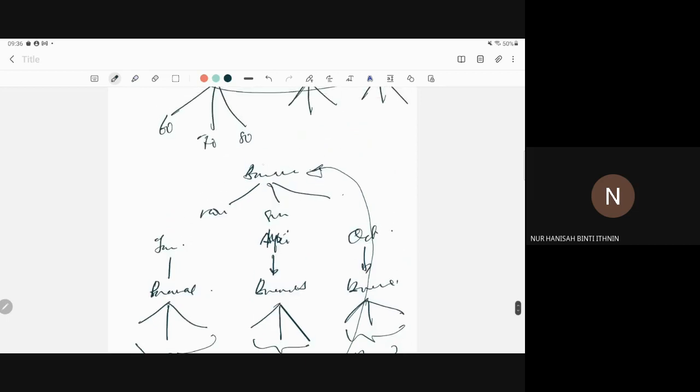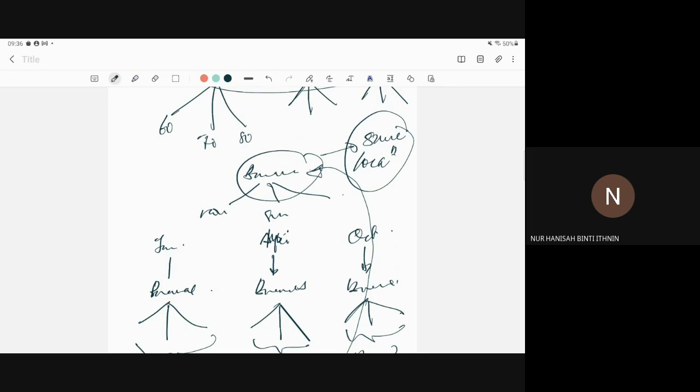Of course, the bananas, you can take from one locality, same locality, or same location. Because usually we do not want it to be, if you want it to represent the whole Malaysia, then you have to take in many locations.